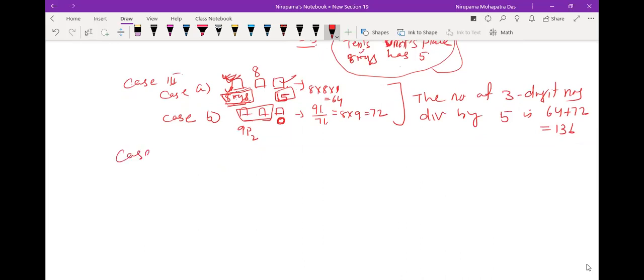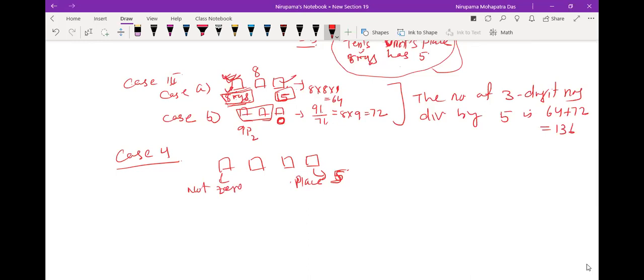Here you can have 4-digit numbers, right? Again in a similar way you are taking 4-digit numbers. अगर यहाँ पे 5 रखा, place 5 in the units place. Here not 0, you will not put 0 here.